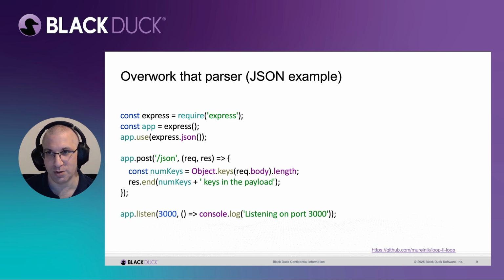Super straightforward. The catch here is that this JSON parsing is done on the event loop. This means that while this application is processing that JSON payload, it cannot stop processing. It cannot answer other requests.